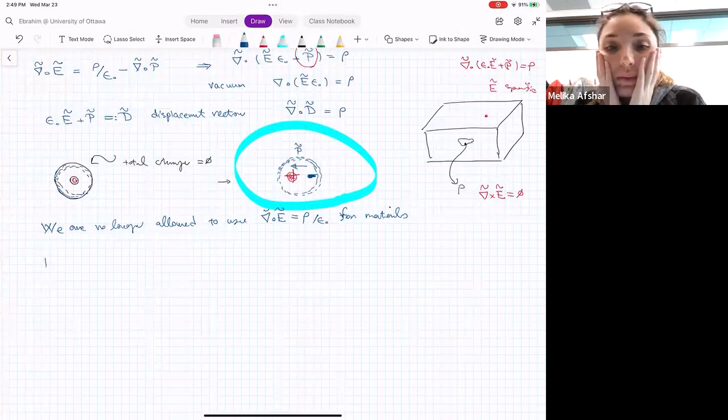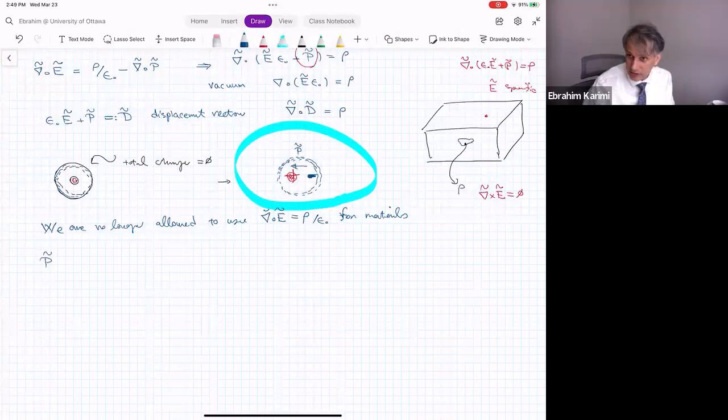So indeed, P, which I do have here, and right now, remember, I'm talking about a single atom, but we can talk about polarization density, which is dipole moment density, all of the dipole moments in a volume.